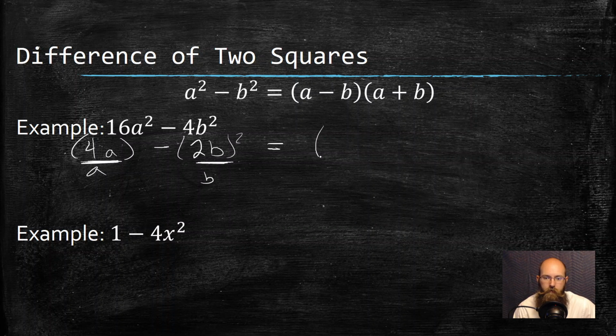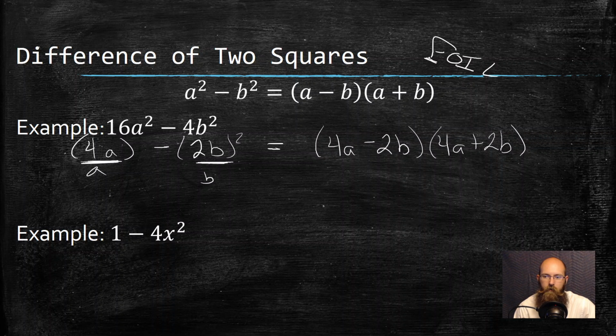So this factors like 4a minus 2b, 4a plus 2b. And you can always verify this by foiling it back out. Multiply my first and first, my outer and outer, my inner, and then my last term in each set of parentheses. And you should get back to the original.